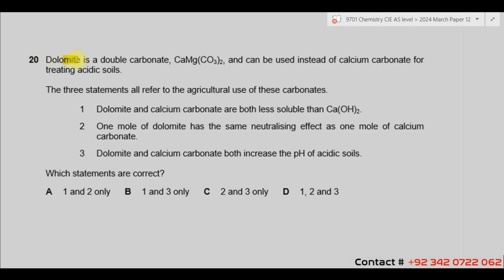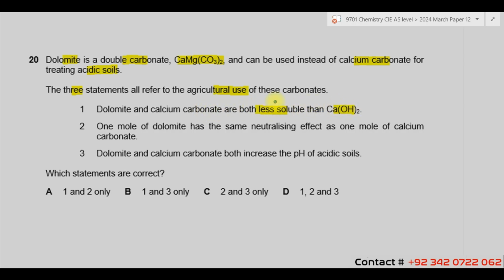Question 20. Dolomite is a double carbonate, CaMg(CO3)2, and can be used instead of calcium carbonate for treating acidic soils. The three statements all refer to the agricultural use of these carbonates. Number 1. Dolomite and calcium carbonate are both less soluble than calcium hydroxide.